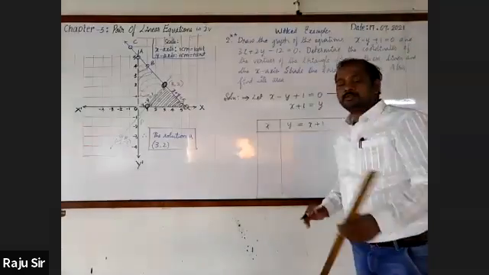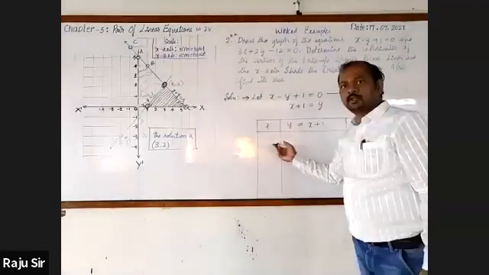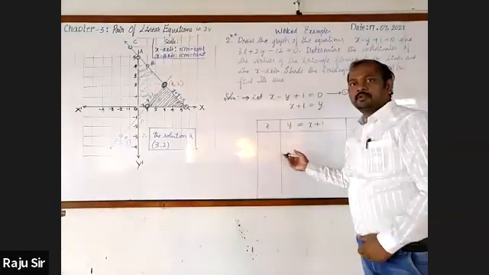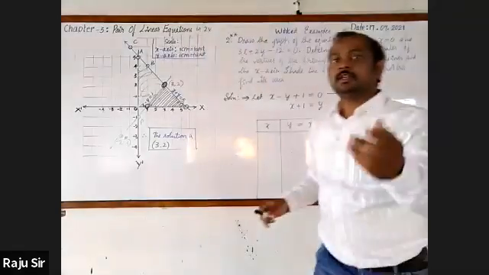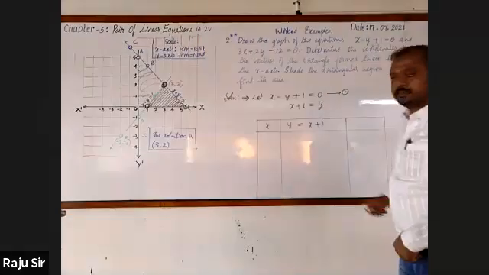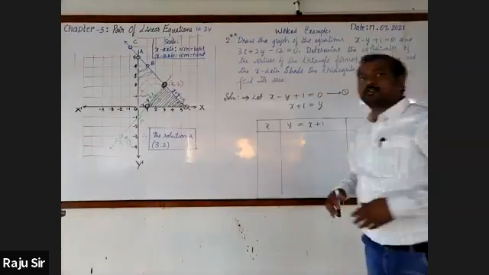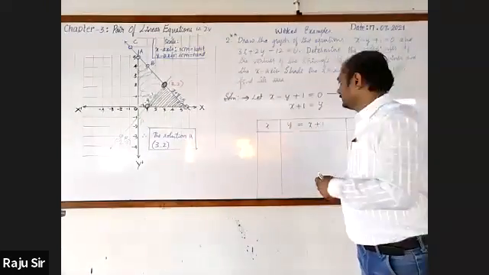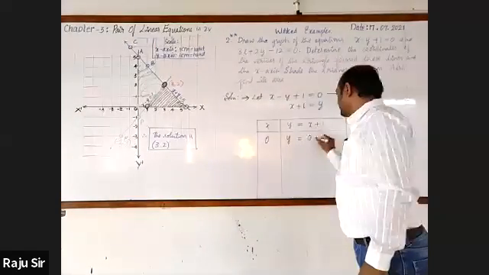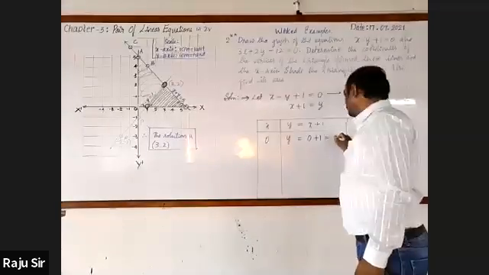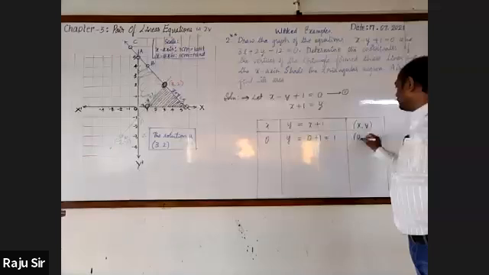Next, choose the values for x. Shall we take 0? Any 2 points are enough, but we are going to extend it to one more point. When x is 0, y equal to 0 plus 1, which is equal to 1. It is 0, comma 1.